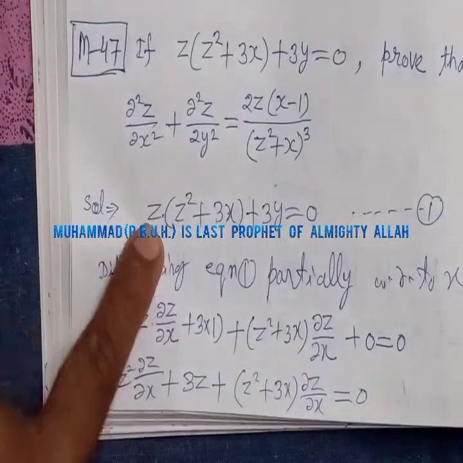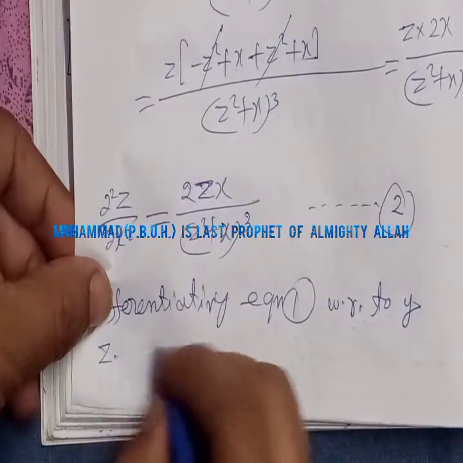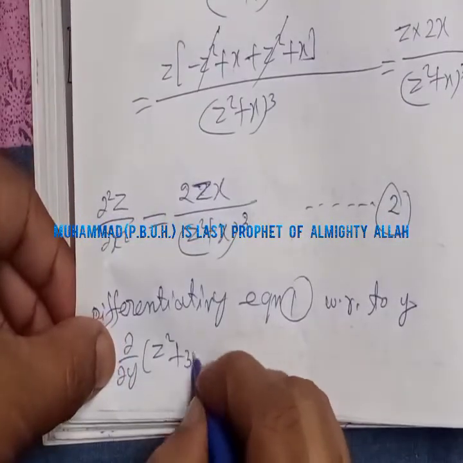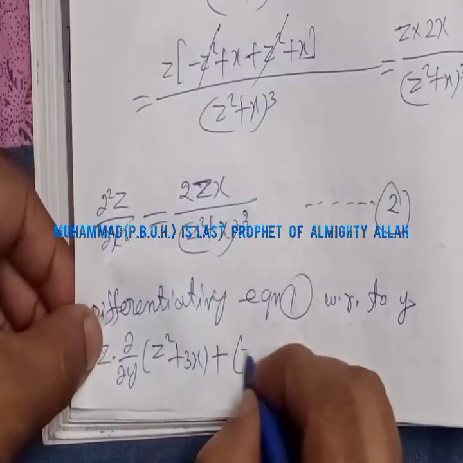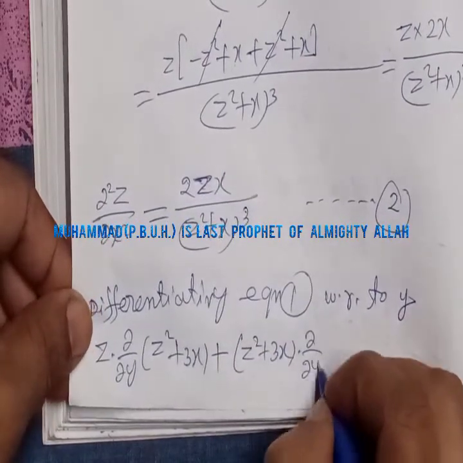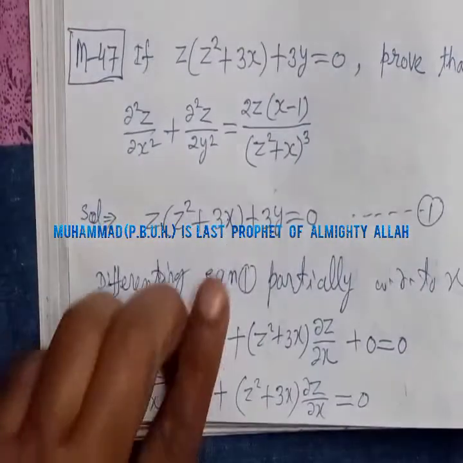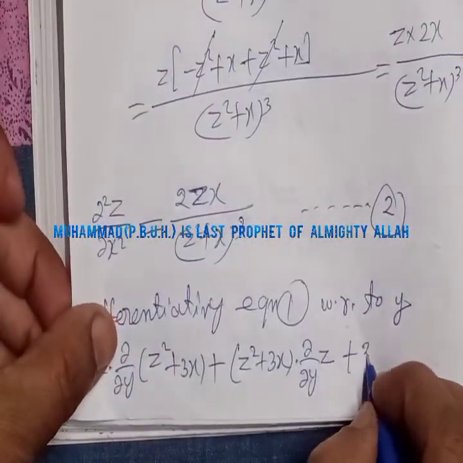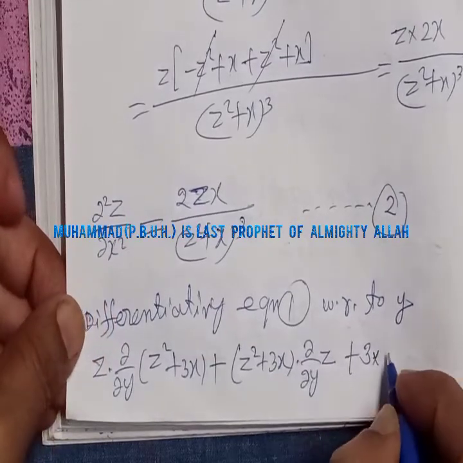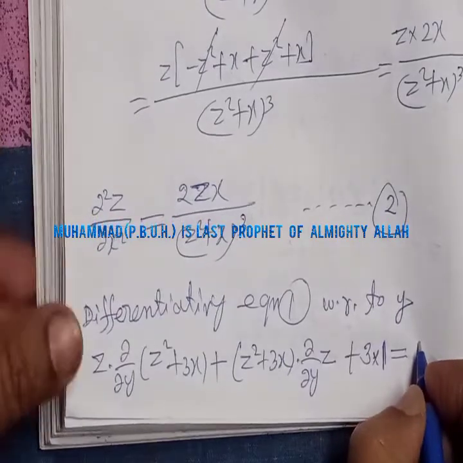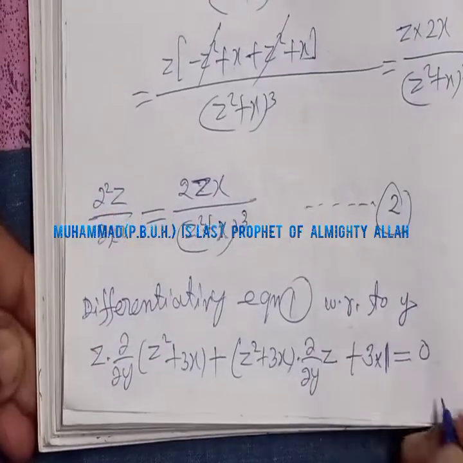We get first function as it, differentiation of second, which is equal to z square plus 3x, plus second function as it, differentiation of first function with respect to y, and differentiate plus second term. 3 is constant, take out from here, and differentiation of y with respect to y is equal to 1, equal to right hand side differentiation 0 is 0.